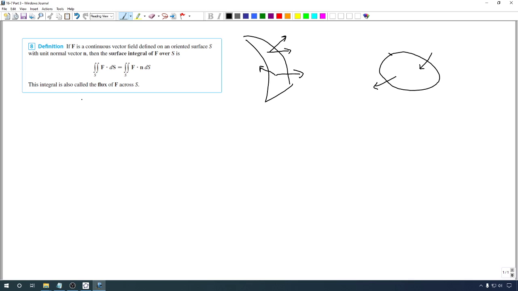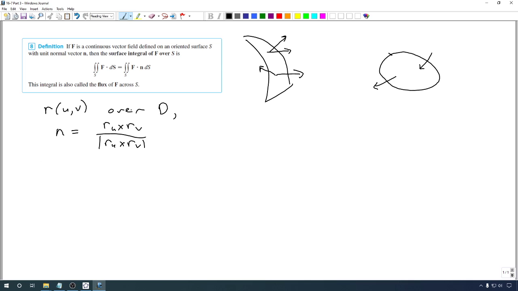Well, what is the best way of computing these integrals? Remember, we saw that if our surface is parameterized as r of u,v over some region D, then the unit normal vector is given in the form of n equals r sub u cross r sub v over the magnitude of that.